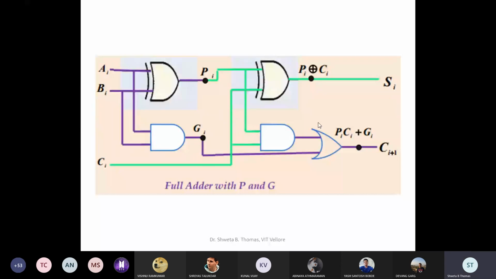Can you explain this? I want to hear from you. Output you can see: sum and carry, Ci plus 1 is there. Can you explain the circuit? One girl just now said about the propagation. Yes, ma'am, just try it.